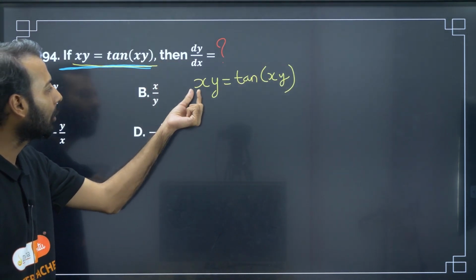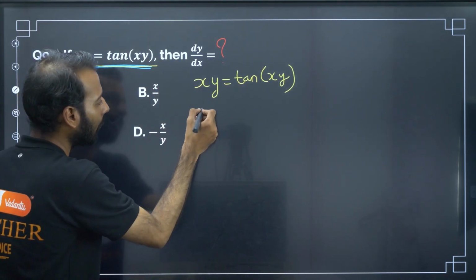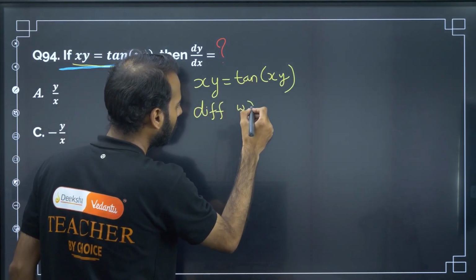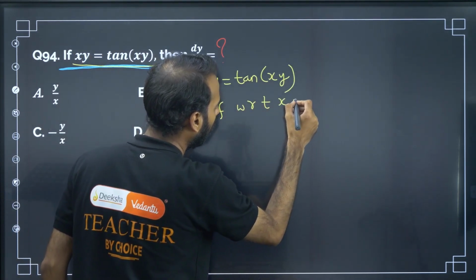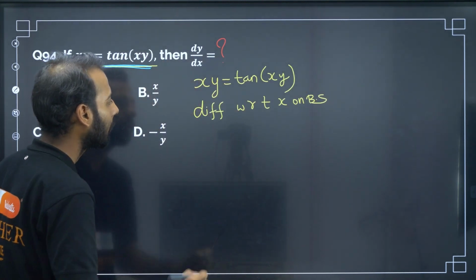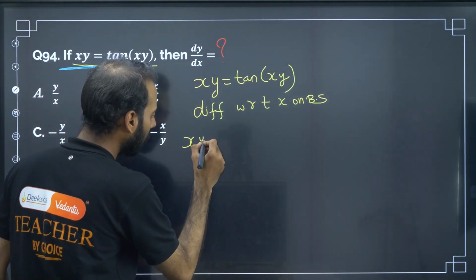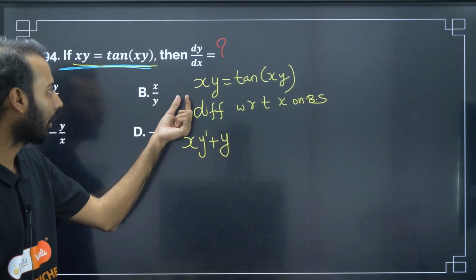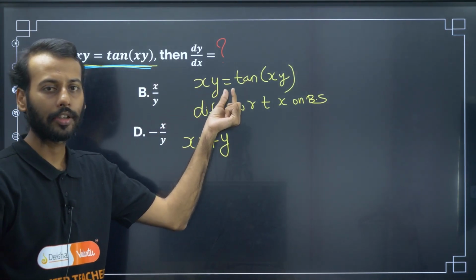Now for dy by dx, I differentiate with respect to x on both sides. This becomes x y dash plus y. Once again I am repeating, this is d by dx of uv.